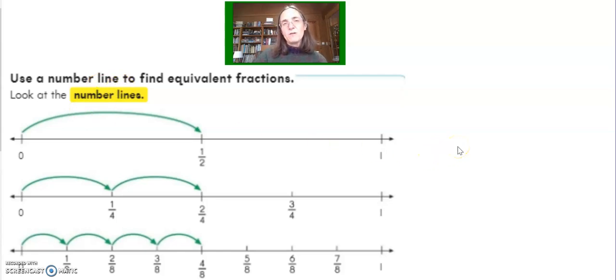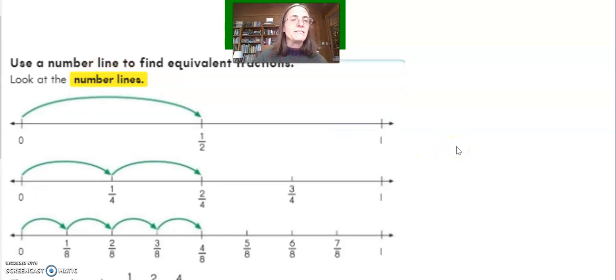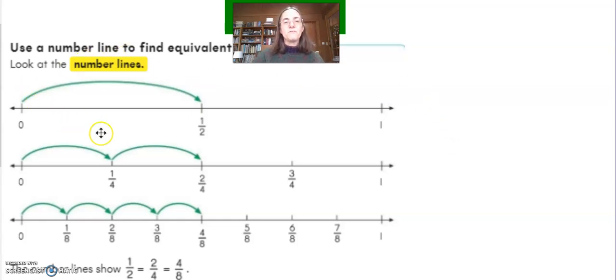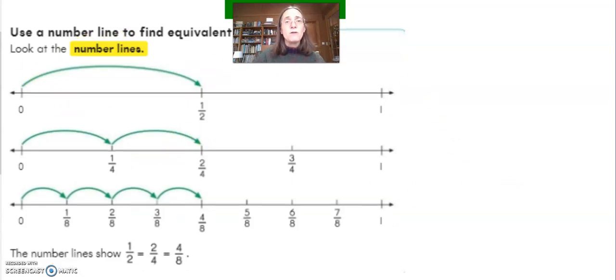Now, you know Math in Focus, they do love these number lines. So they've got some number lines here for us to use to find those same equivalent fractions. And you can see, here's the half, one jump. Now on this number line, they divide it up into fourths, 1/4, 2/4, 3/4, and we can see it will take those 2/4 to get to the middle, that halfway point. And then also we have this one divided into 8ths, and you can see that here's 0, and here's 1, the whole thing.